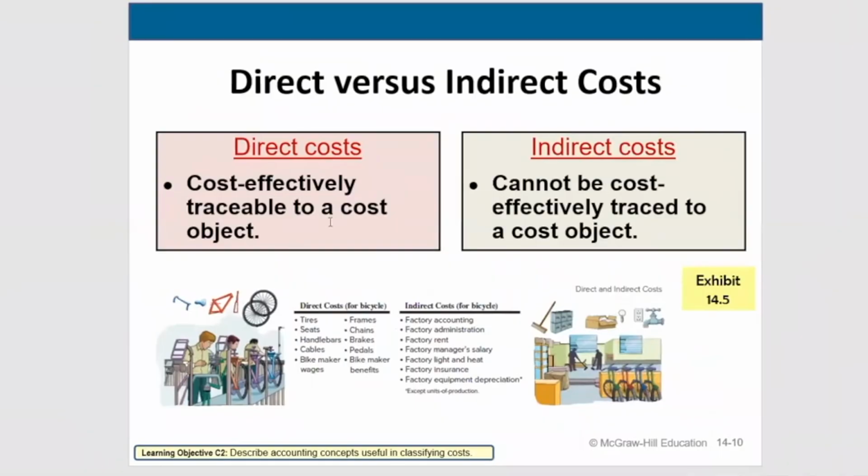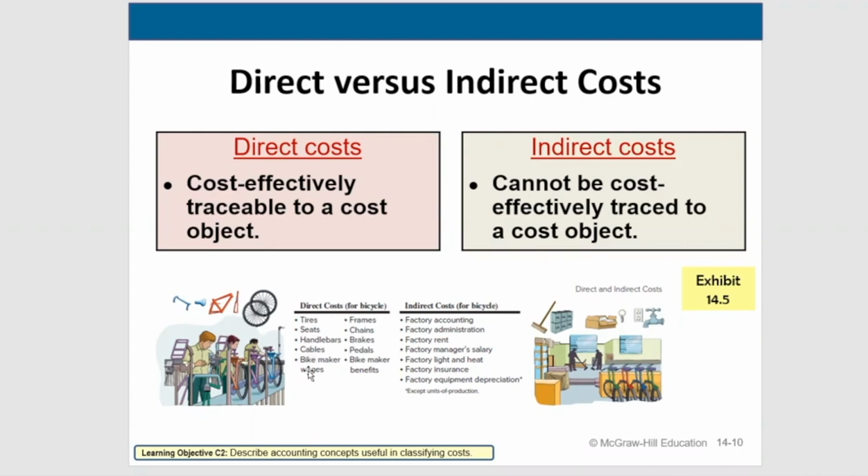Direct costs. These are costs that are directly related to making bicycles. So we're making bicycles, right? And I'm using that in the example here. Tires, seats, handlebars, cables, the frames, the chains, the brakes, the pedals. So these things up top, these first 1, 2, 3, 4, 5, 6, 7, 8 are direct materials.